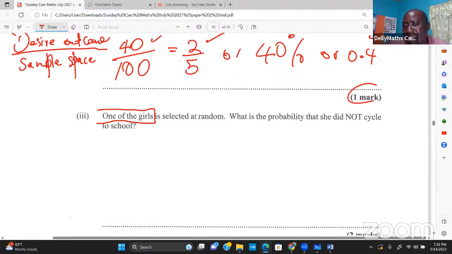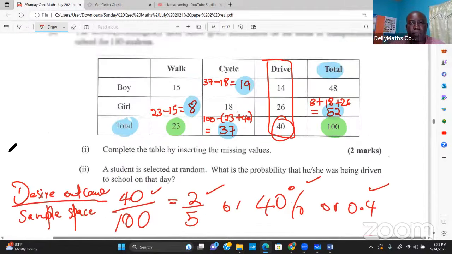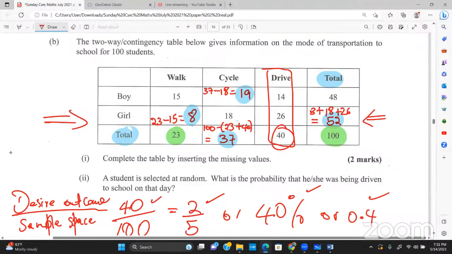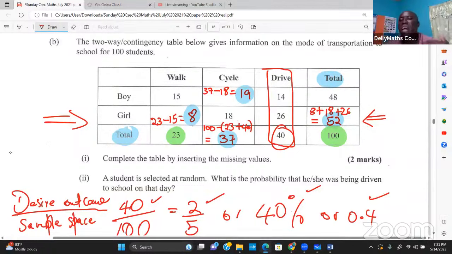So one of the girls is selected at random. What is the probability that she did not cycle? Let's focus on the girls. How many girls do we have? Where are the girls? This is the girls row. Did not cycle. So if the person did not cycle, they would have walked.